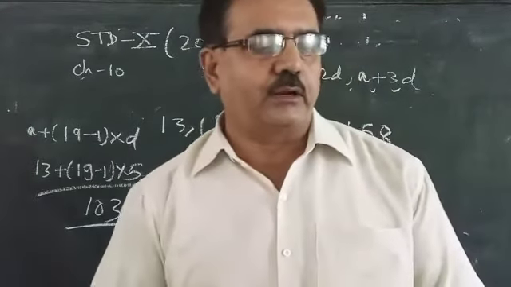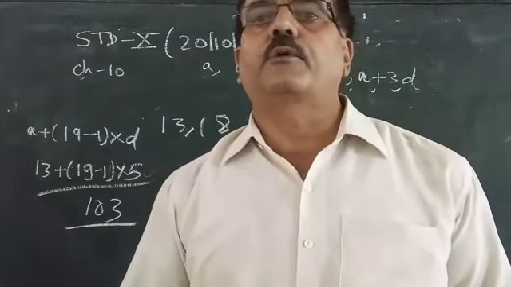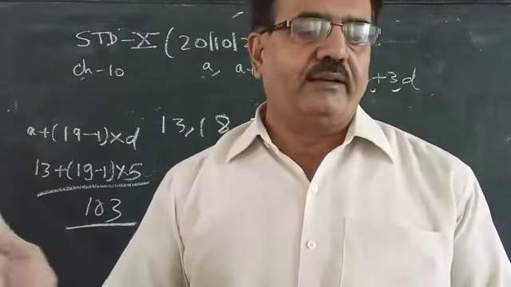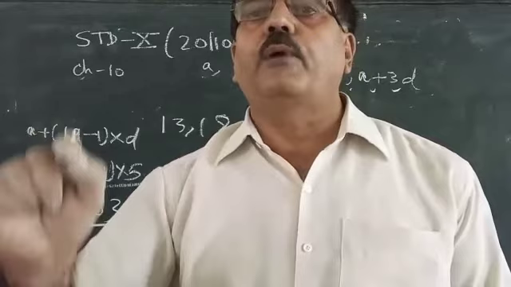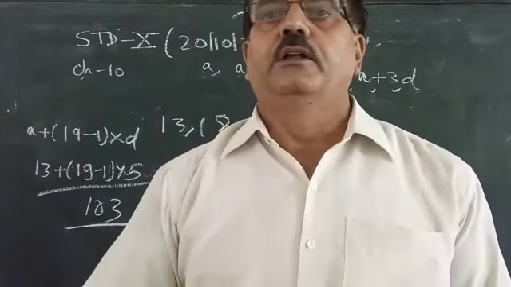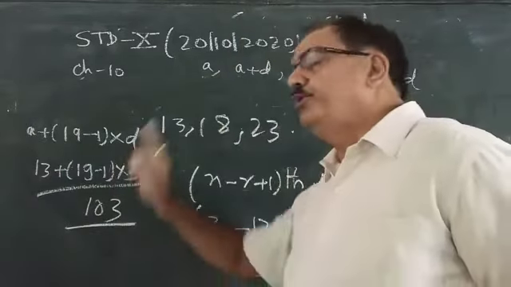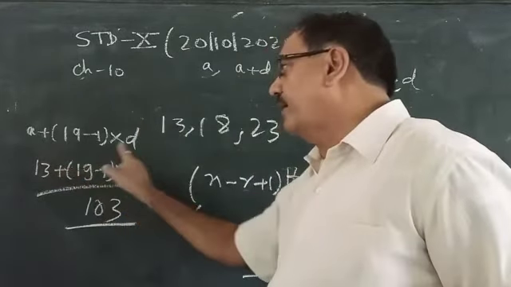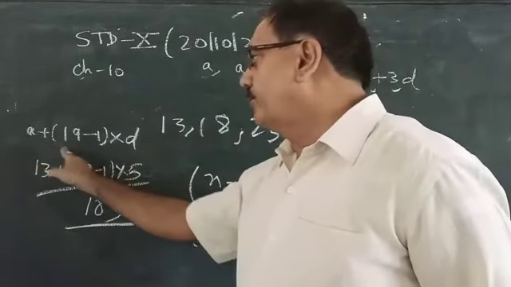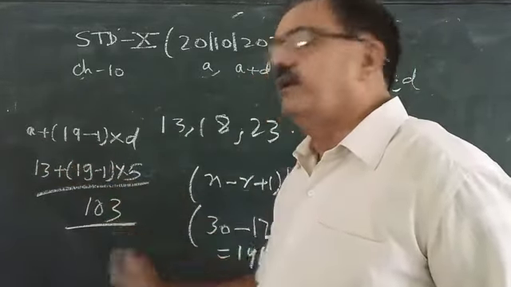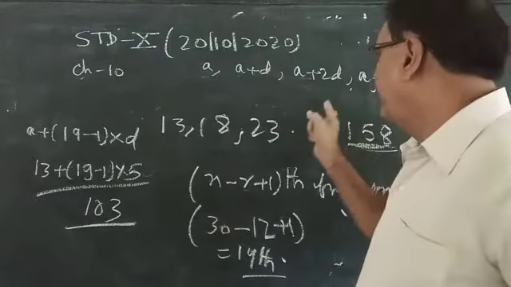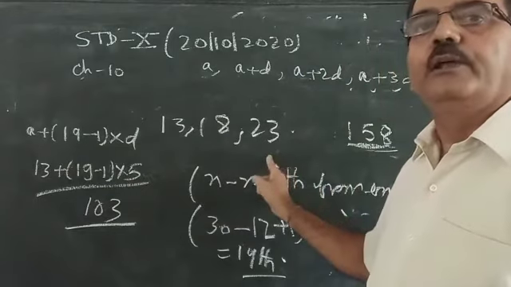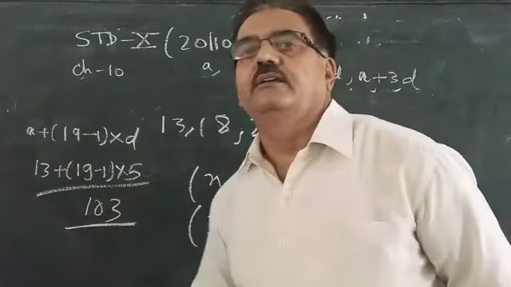After finding the total number of terms, for the 12th term from the last, n minus r plus 1 will come as the 19th term. Now you find the value of the 19th term. To find the value, we have to use the original formula, a plus n minus 1 into d. So a plus 19 minus 1 into d, put the values, 103. So from the end, the 12th term will be 103.